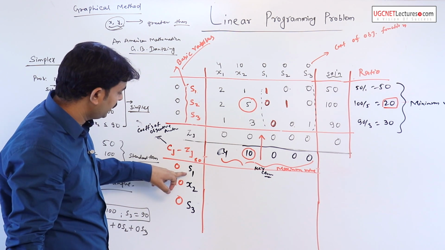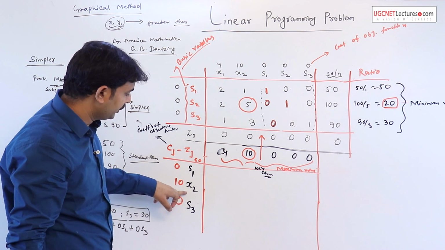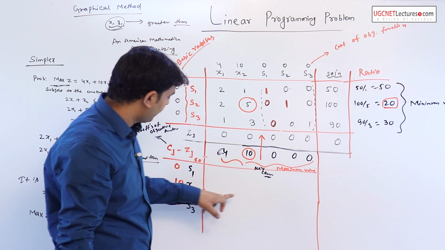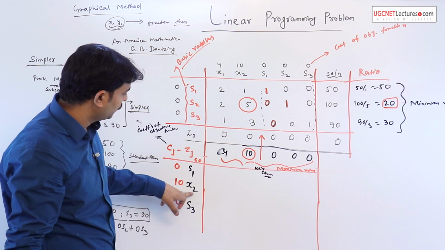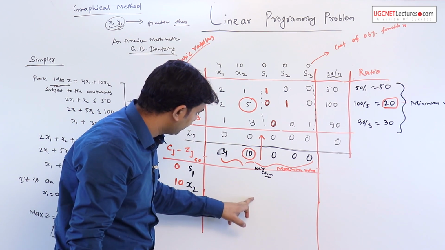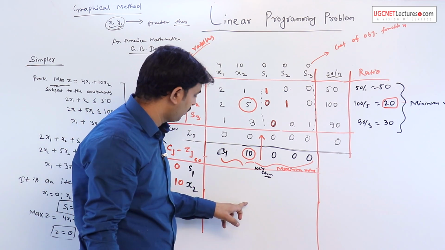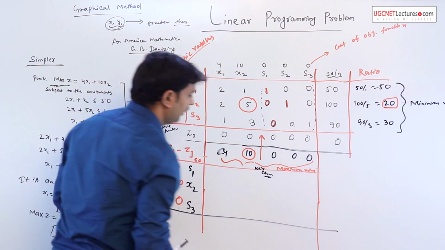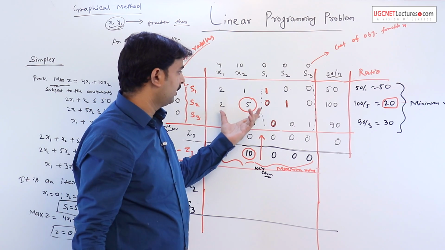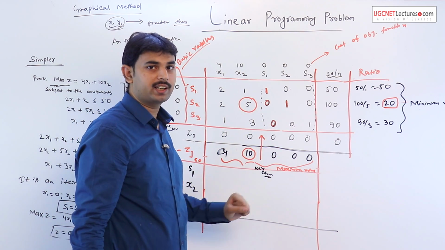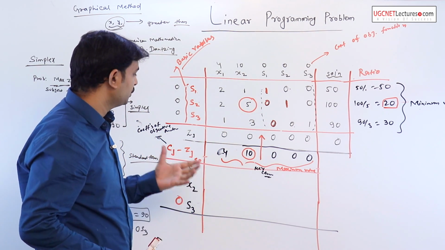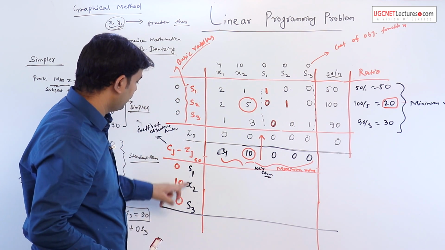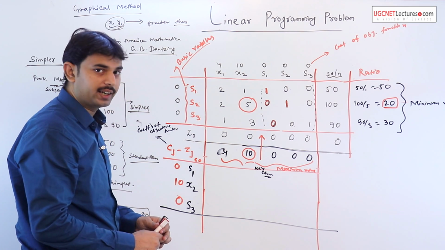Here S1 is already there, x2 is introduced, means the coefficient of S1 here is 1 and the coefficient of x2 here must be 1. So now we apply the Gauss-Jordan elimination method to change to row equivalent form for S1, S2 and S3.